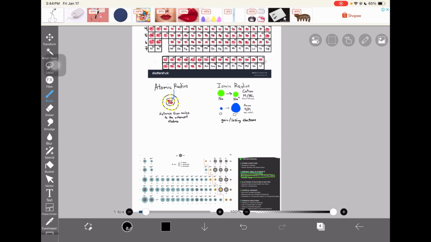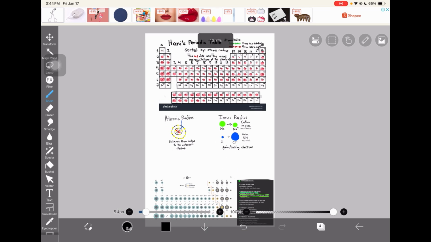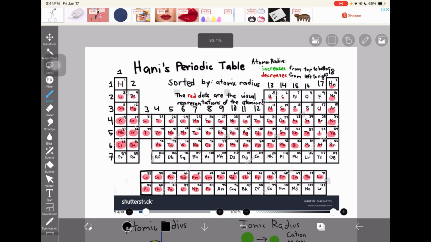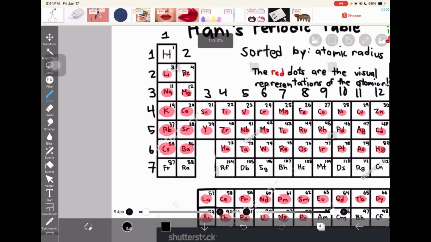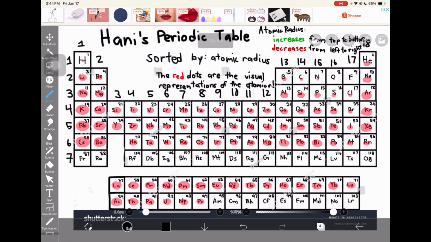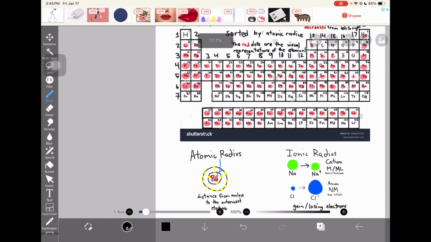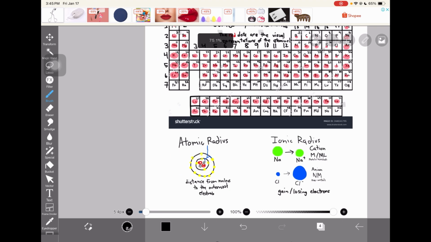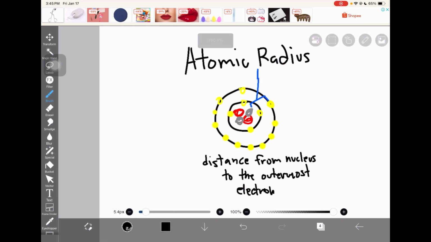So the next two trends here are atomic and ionic radius. They both follow the same trend of increasing from top to bottom. As you can see, I've made a visual representation of the atomic radius.